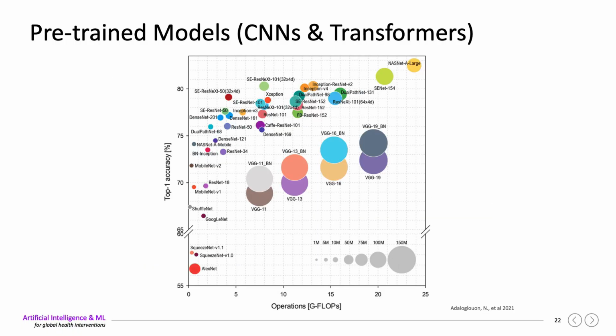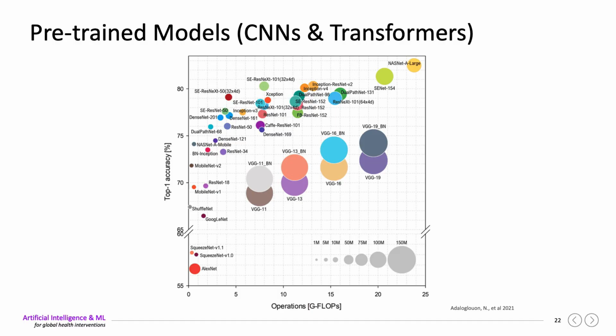This slide plots pre-trained models by accuracy versus computational cost, from Dosovitskiy and colleagues in 2021. The vertical axis is top 1 accuracy, and the horizontal axis is operations in gigaflops, with bubble size proportional to the number of parameters, ranging from about 1 million up to 150 million. You can see the full landscape here.